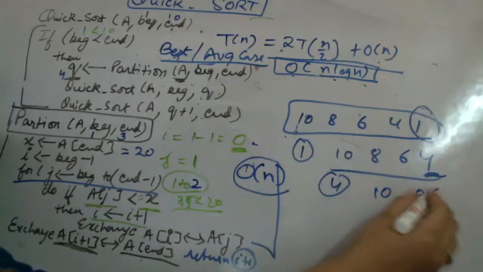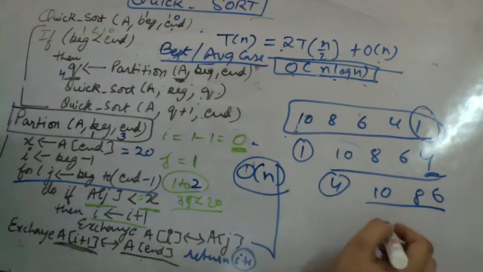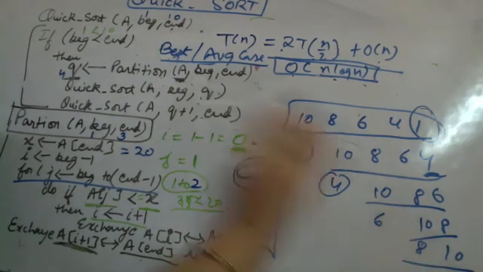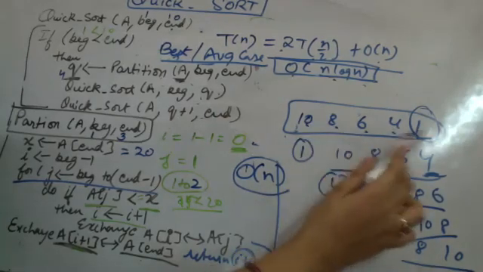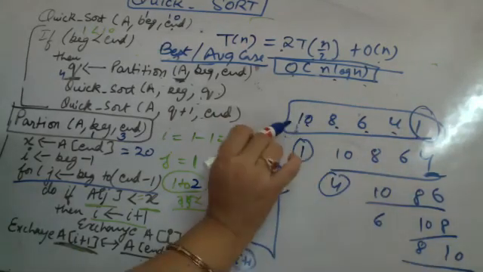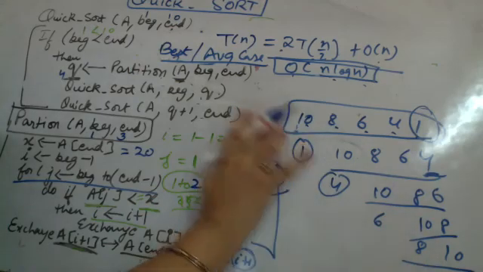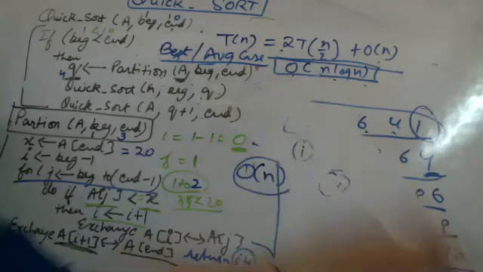For 10, 8, 6, the call happens again. 6 comes here. For 10 and 8, the call happens again. 8 comes here. Then it is again and so on. So how many iterations did it take? To sort 1, 2, 3, 4, 5 elements, I had to call quicksort 5 times. So the height of the tree in this case becomes n.